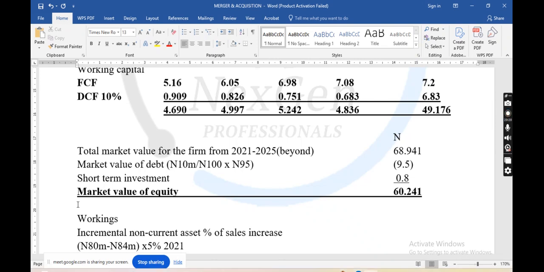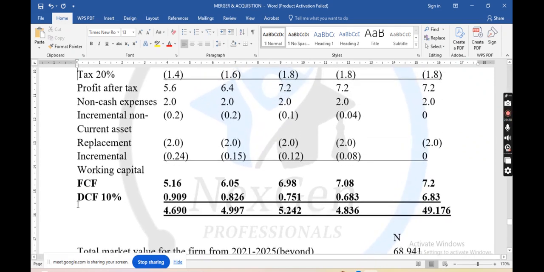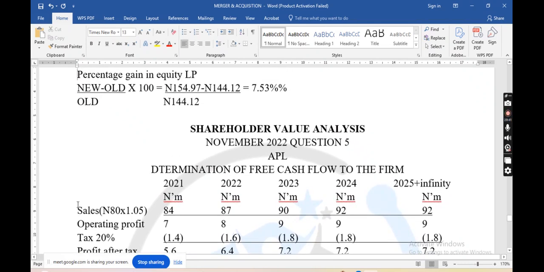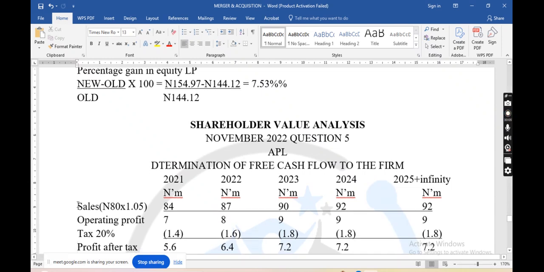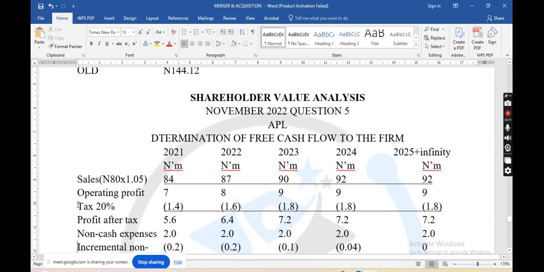So we are done with shareholder value analysis. In summary, shareholder value analysis is the process of analyzing the activities of a company to ensure that the company maximizes shareholders' wealth, or to ensure that there is an increase in the shareholders' value.